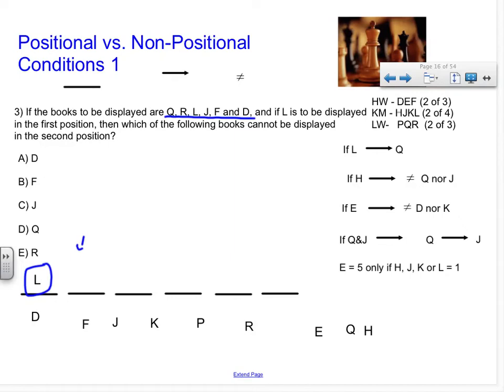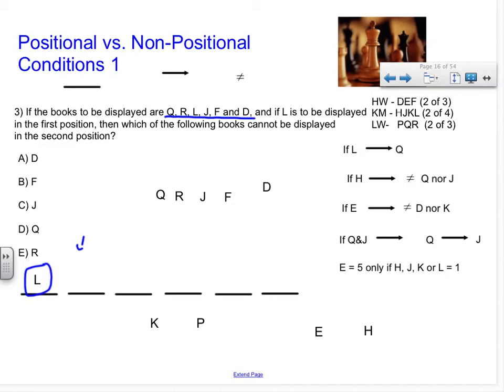So let's grab our letters that we're going to be using. So you have Q, R, L is already in the first position, J, F, and D. So it's sometimes just a good idea to try each of the letters to see which ones won't go.